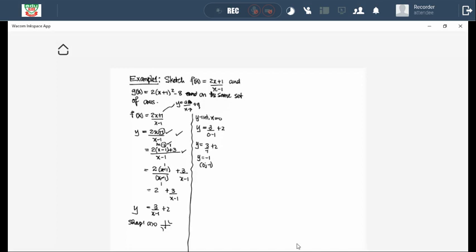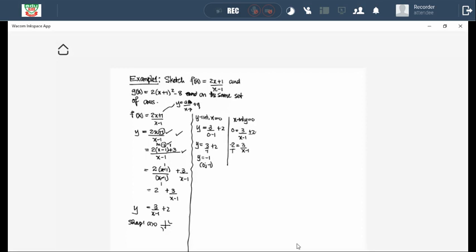I'm now also coming up with the x-intercept. If I'm to calculate the x-intercept, I know that y is equal to 0. So 0 equals 3 all over x minus 1, plus 2. Transpose 2, that becomes minus 2 equal to 3 all over x minus 1.